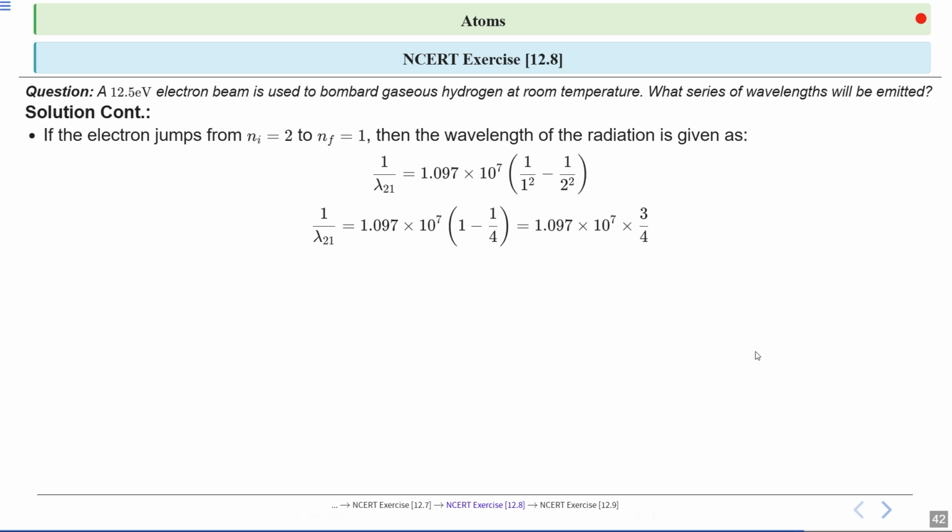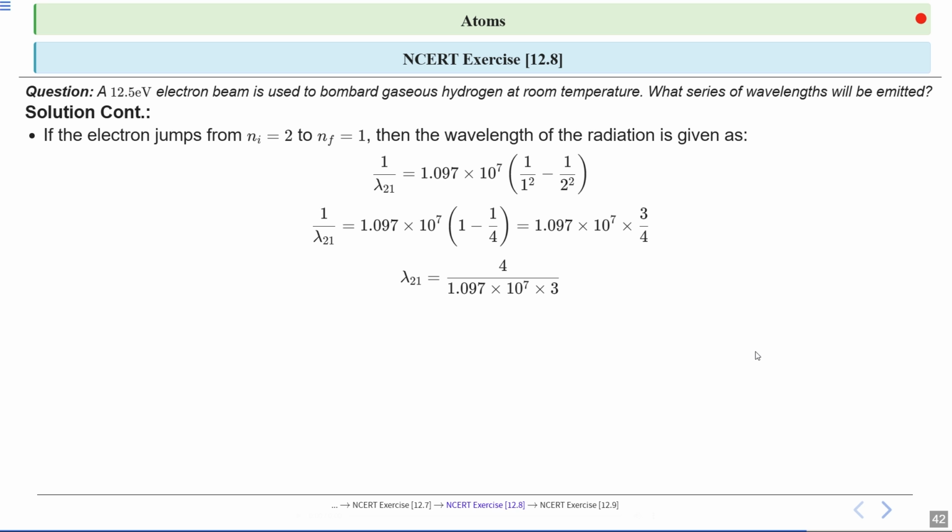Now let's simplify the expression inside the parenthesis. 1 minus 1/4 equals 3/4. So the equation becomes 1 divided by lambda 21 equals 1.097 times 10 to the power 7 per meter times 3 by 4. To find lambda itself, we arrange the equation. Lambda 21 equals 4 divided by 1.097 times 10 to the power 7 times 3.